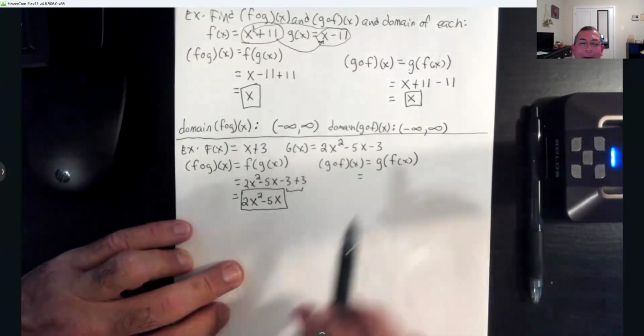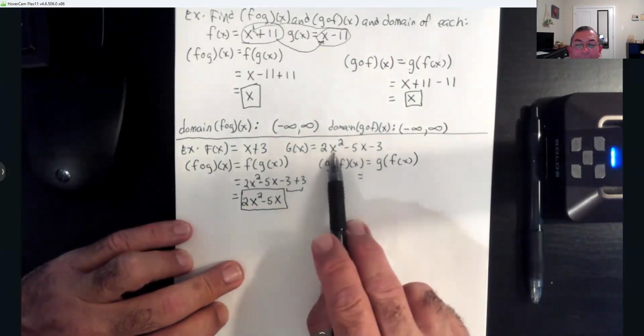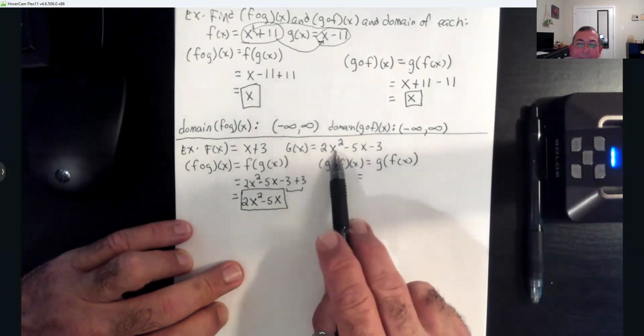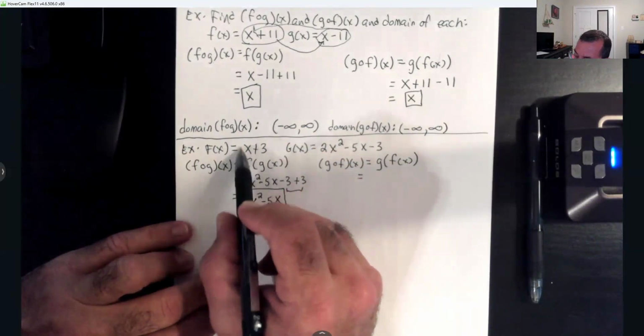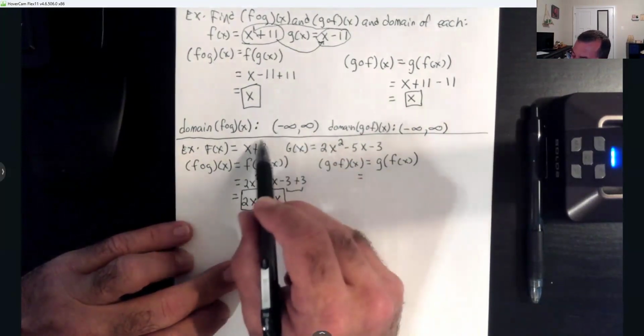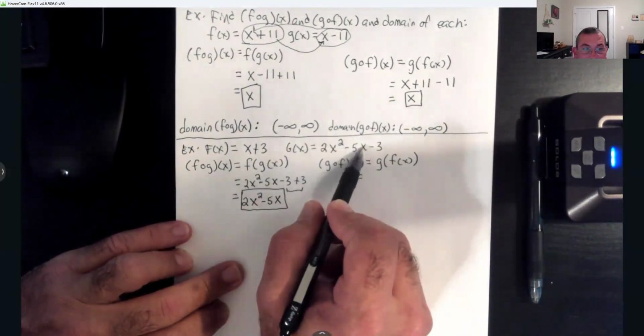Oh, look here. G has two x's on it, y'all. So since G has two x's, I'm going to take this x plus 3 and put it in for both of those x's, okay?